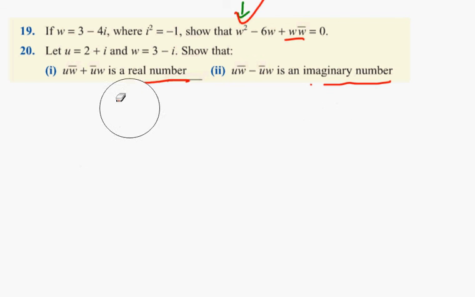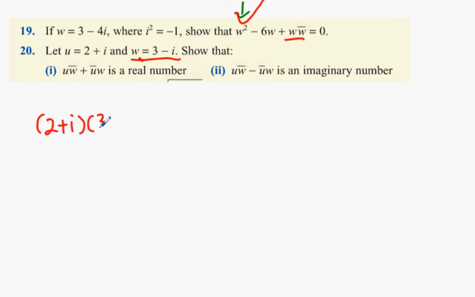So as an example, to do this one here, it says u multiplied by the conjugate of w. What's u? u is 2 plus i. What's the conjugate of w? w is here, but what's the conjugate of it? 3 plus i. Add on the conjugate of u. What's the conjugate of u? And then what is the w value?